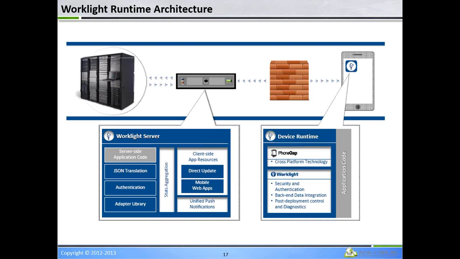Now, when we have deployed our application on a device, how does a device make a call to the Worklight server? The device usually sends a call using the built-in, by default provided APIs on the device.